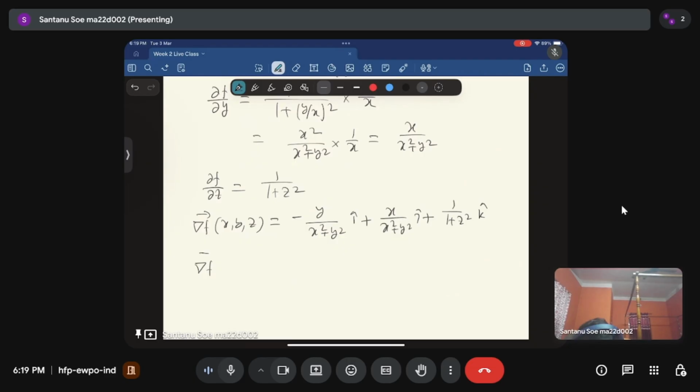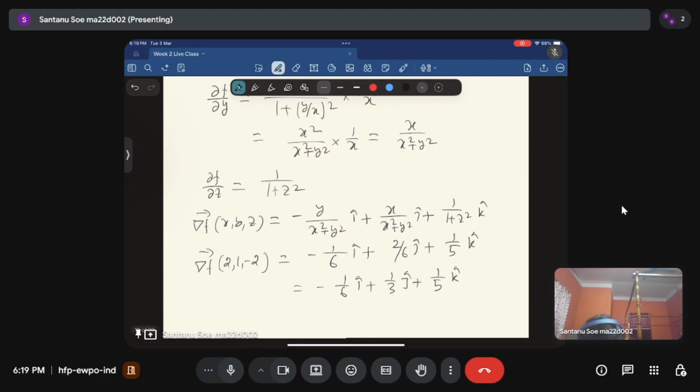So gradient of f at 2, 1, minus 2 is just minus 1 divided by 5 i cap plus 2 by 5 j cap plus 1 by 5 k cap, right? So this is just minus 1 by 5 i cap plus 2 by 5 j cap plus 1 by 5 k cap.